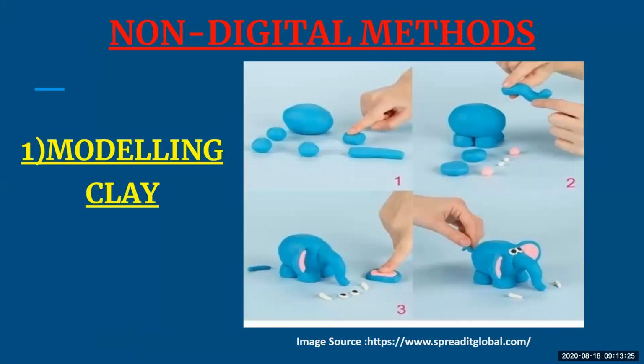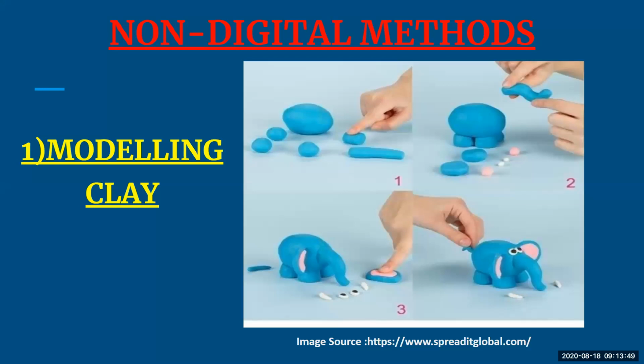Next is non-digital methods. Whenever we think about prototyping our models, there are two types of methods. One is digital methods and one is non-digital methods. When we talk about digital methods, you are using some online software or some readily available software that will help you to do the designing of your model.